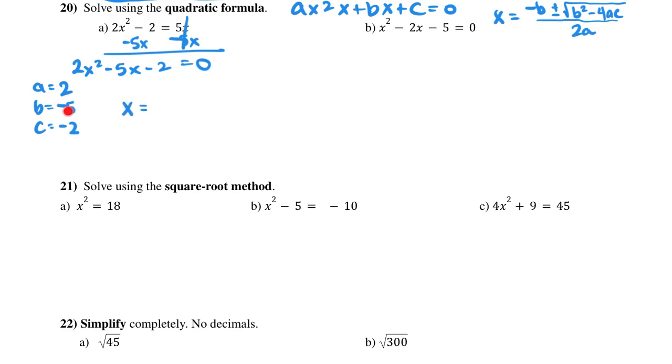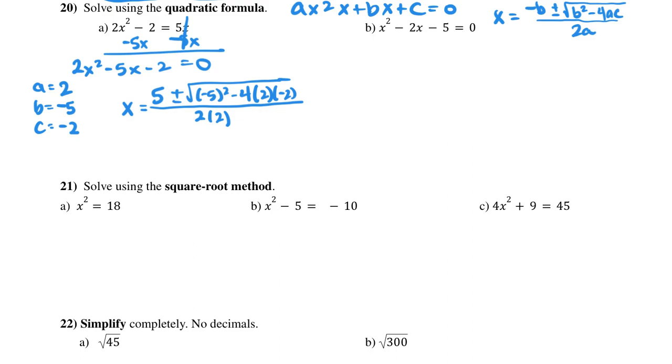So if I have negative 5, it's going to be positive 5 right here, plus or minus the square root of b squared. So that's going to be negative 5 squared minus 4, times the a value, which is 2, times my c value, which is negative 2. And this whole thing is divided by 2 times a, which is 2.